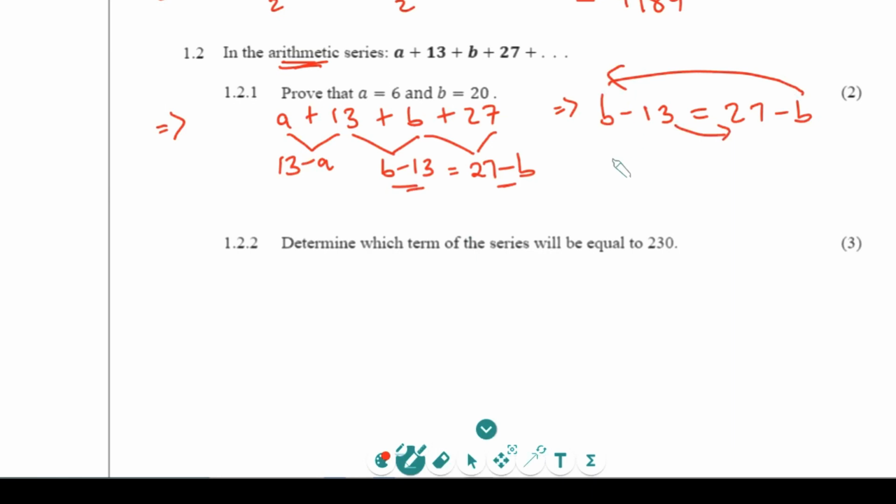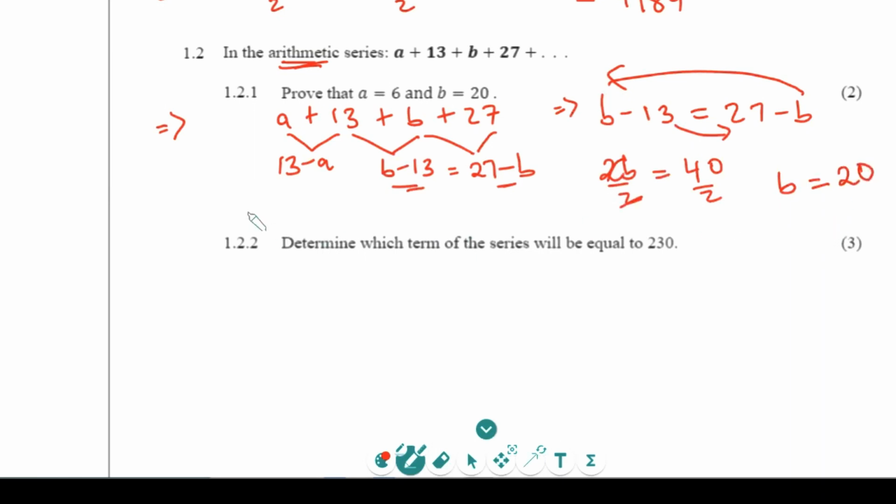So it becomes 2b, and the 13 crosses the equal sign and becomes a plus, so 27 plus 13 gives me 40. Then I'll divide both sides by 2, which means b is 20.